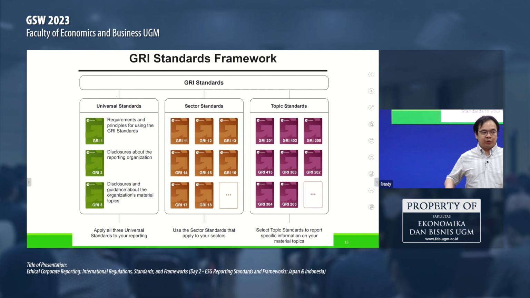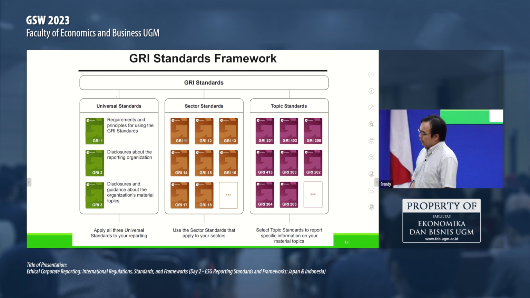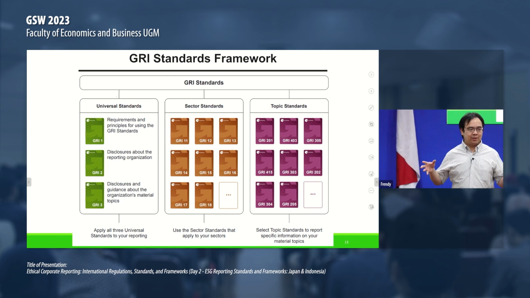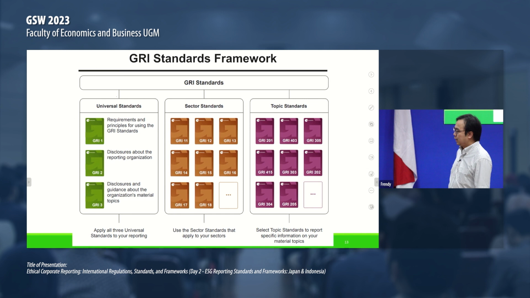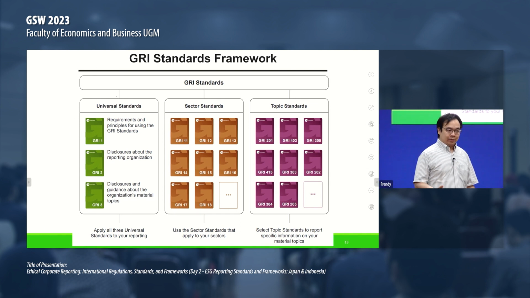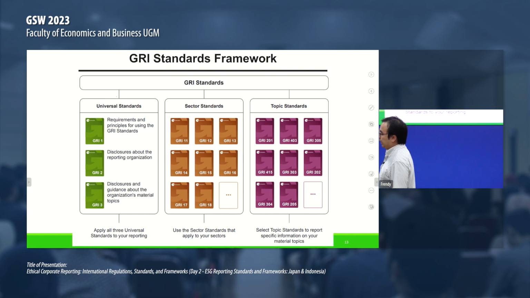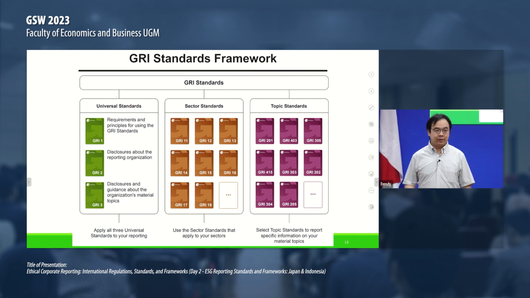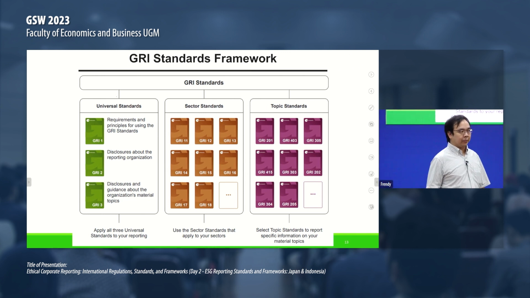So this is the overall structure of the standards. On the right side, we have the principle, you can say, the universal standard. So this applies to all companies that want to apply GRI. And then in the middle, we have sectors. Sectors here refers to industry.